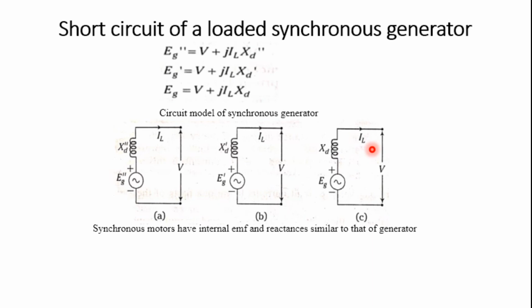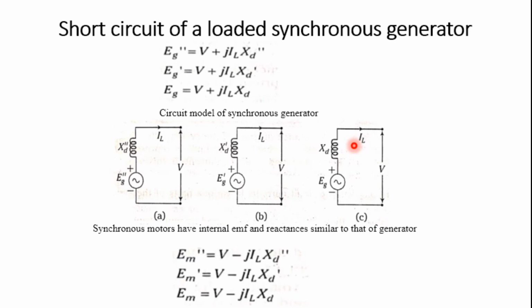So synchronous motors will have the internal EMF and reactance similar to those of the generators, except that the current direction is reversed. In place of the generator delivering current, the motor takes current from the source, which is shown here.